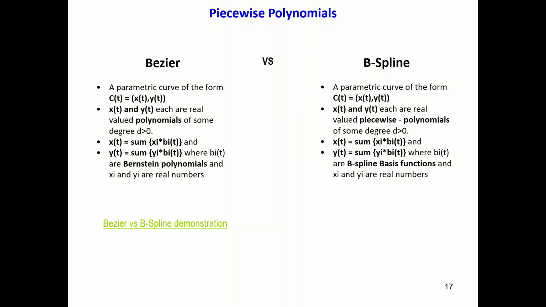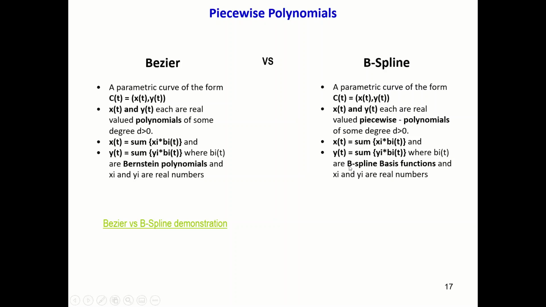Here similarly we have x(t) equals the sum of x_i times b_i of t, and y(t) equals the sum of y_i multiplied by b_i of t, where b_i(t) are B-spline basis functions and x_i and y_i are real numbers.